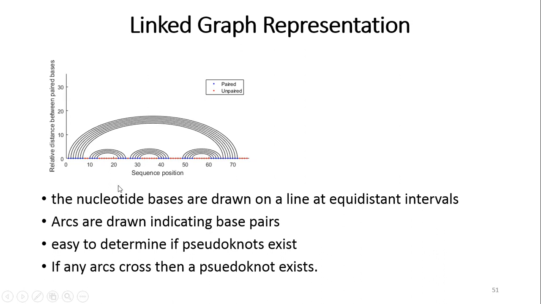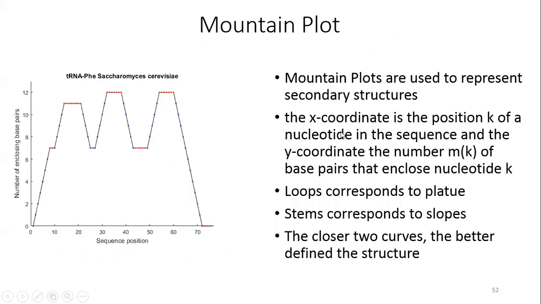Now it becomes easy to determine if there are pseudoknots. If the arcs cross, then we can determine that there are pseudoknots. So this is how you represent your secondary structure in link graph representation.